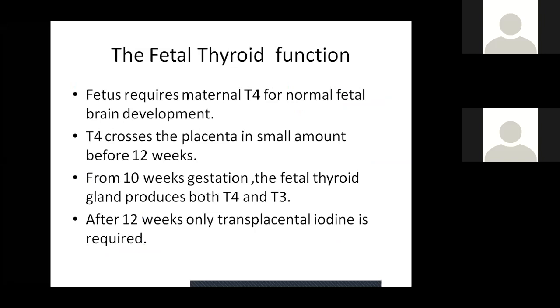So there is transplacental transportation of, number one, iodine, and thyrotropin releasing hormone, and the fetal thyroid will start producing its own thyroid hormone. That is the reason that after 12 weeks, the maternal iodine is transported through the placenta to the fetus. So there is a decrease in the maternal circulation, and as we discussed, there is a slight increase in thyroid gland size in most of the mothers.